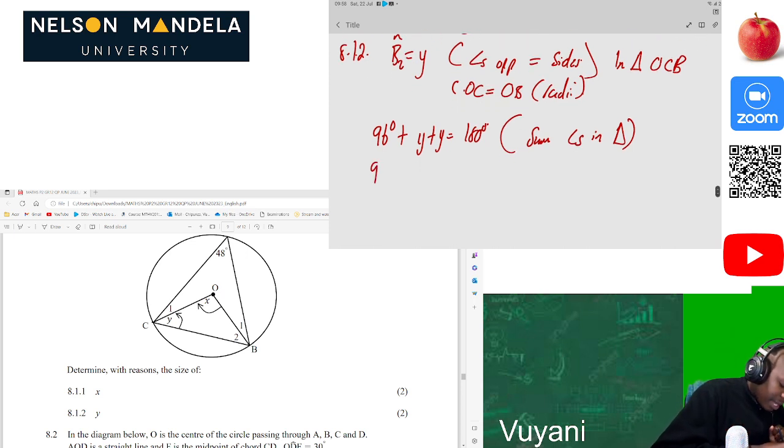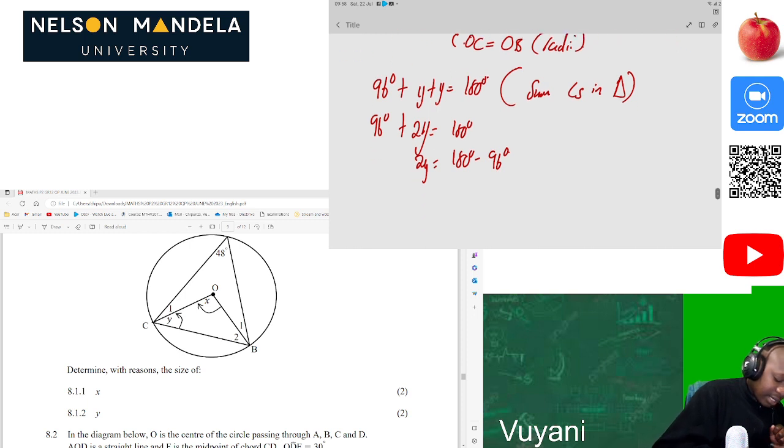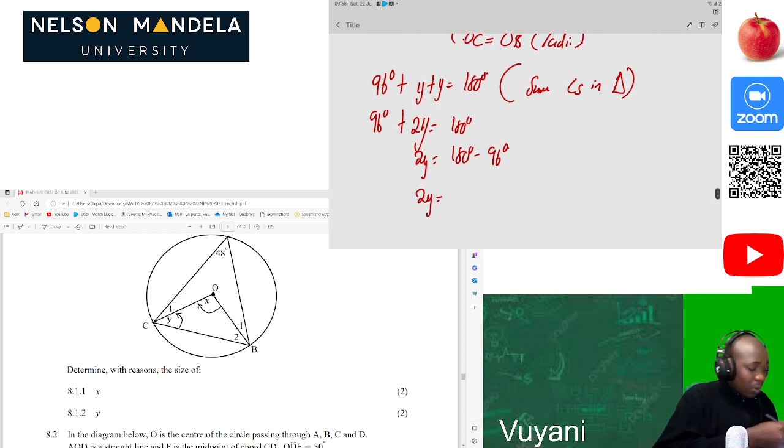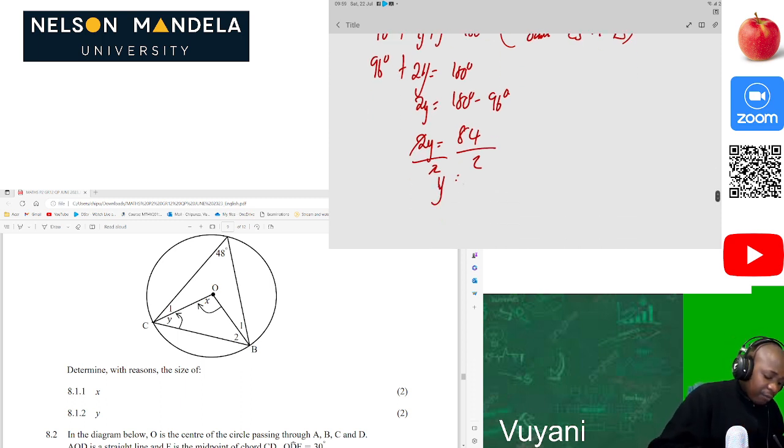Then 2y will be equal to 180 degrees minus 96 degrees, which is 84. Then we divide by 2, so y is equal to 84 divided by 2, which is 42. So our value of y is equal to 42 degrees.